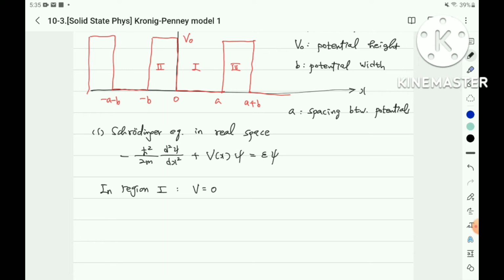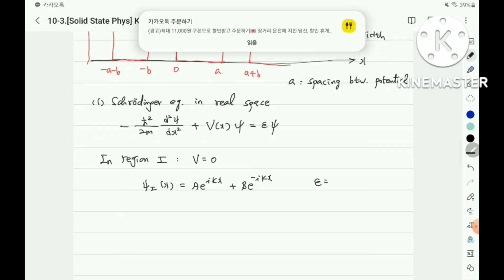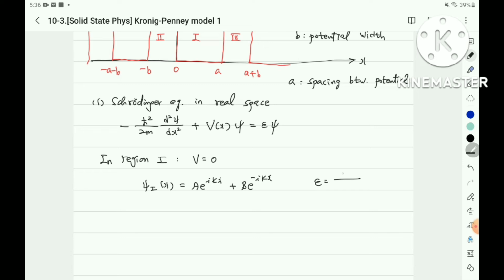Here the solution in region 1 is a exponential ikx plus b exponential minus ikx. Here k is the wave vector, and the energy is h bar squared k squared over 2m. Because in region 1 there is no potential, it is a free particle. Energy is kinetic energy.